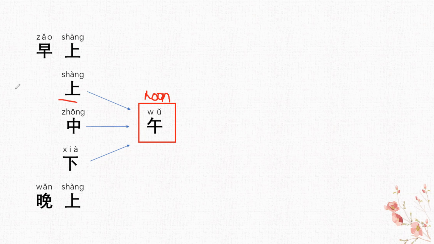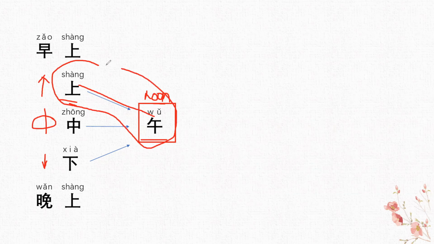So 上 means up, 中 means middle, 下 means lower part or go down. If I say 上 and 午 together, the upper part of the noon, so 上午 is morning. 中午 is the middle of the noon, that is proper noon. 下 is going down, the lower part of the noon, which is afternoon.